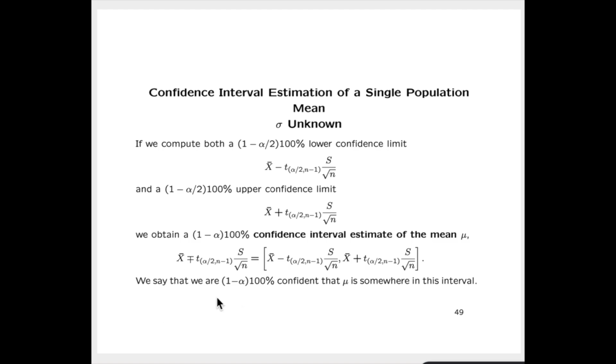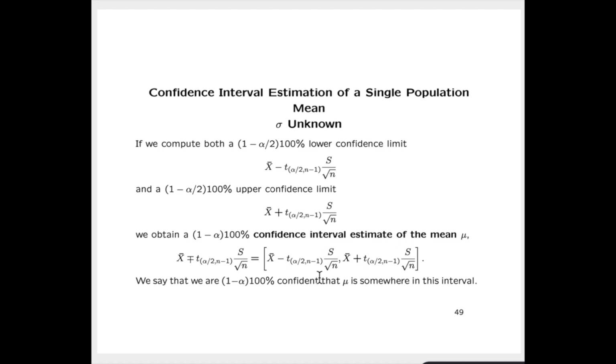And so again, this is analogous to what we did when we assumed that we knew the population standard deviation. Now, though, it's the more realistic scenario where we don't pretend that we know sigma. Sigma is considered to be unknown, and so we estimate it using the data through the sample standard deviation.